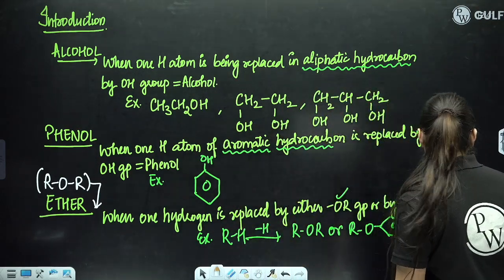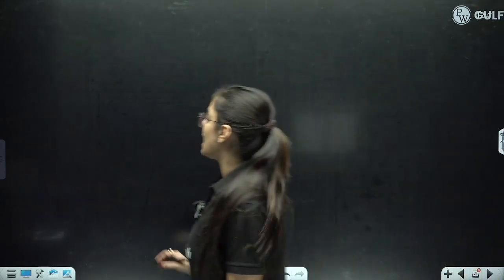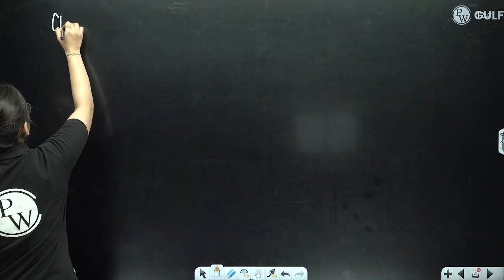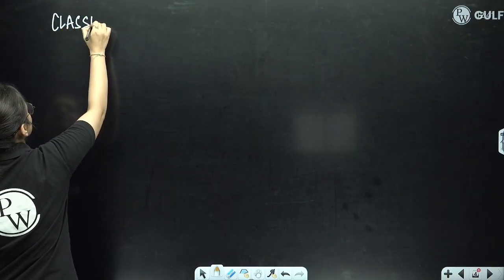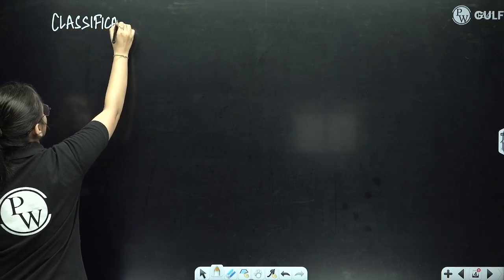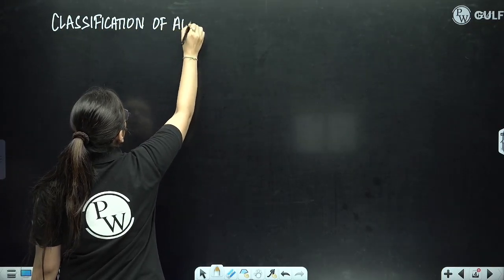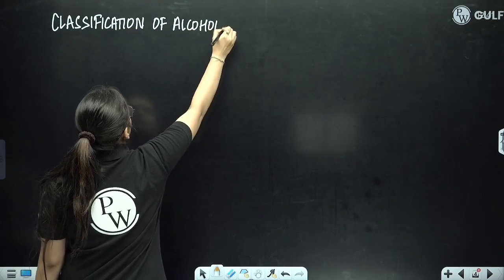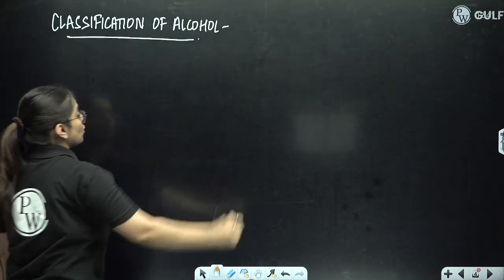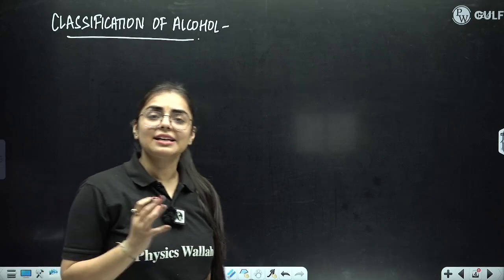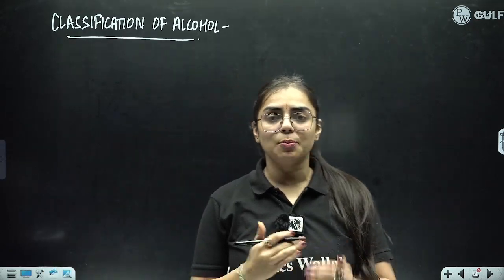Okay. Now, let's start with the classification of alcohol. Let's proceed with the next segment, that is classification of alcohol. Understand, students, while I am classifying alcohol, I can classify them based upon different categories.